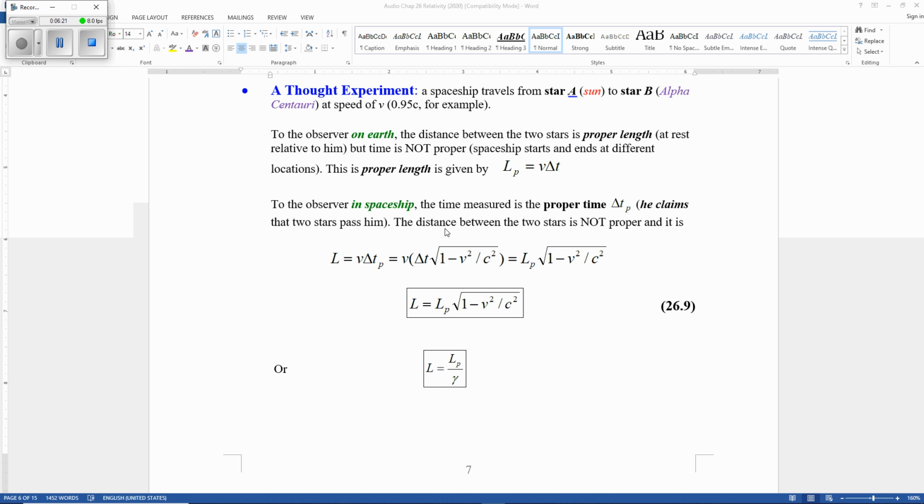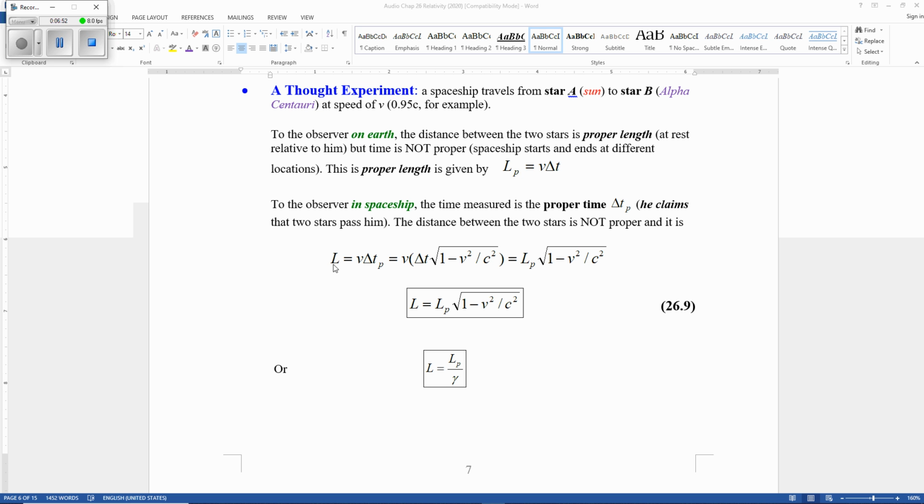The distance is not proper, because this distance is not fixed, not at rest to him. He can even think, okay, star A flies to me, then star B passes me. So for someone inside a spaceship, the time measurement is proper time, and the distance is not proper length.